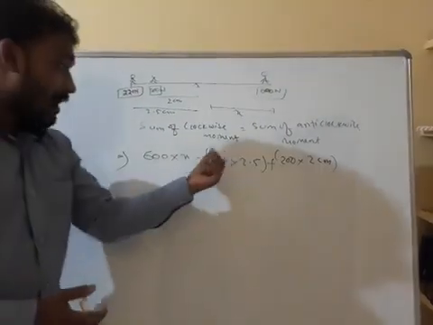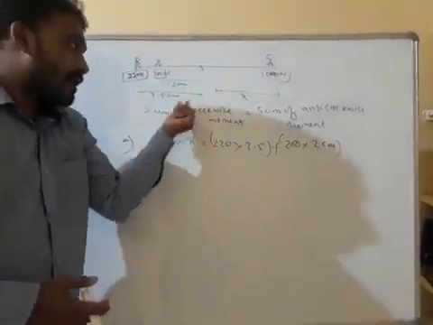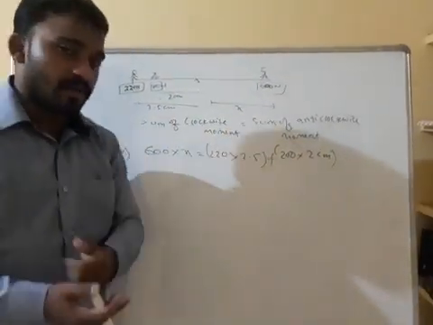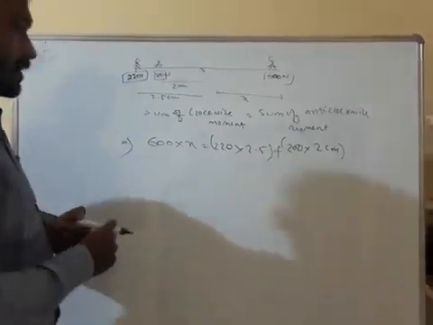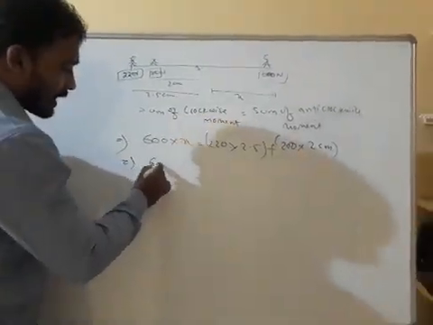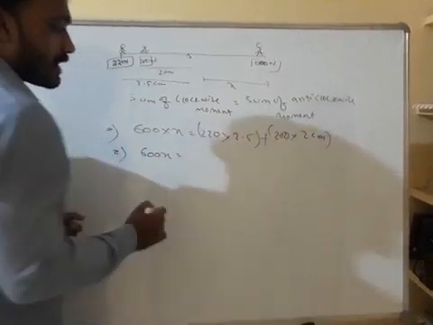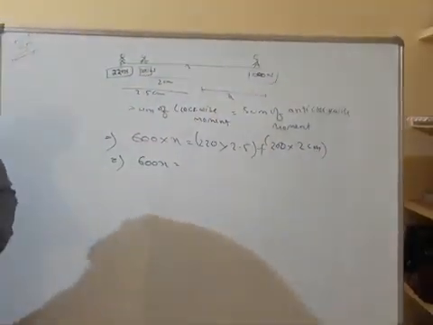Clear? Now x we want. Here you can convert into meter, or you cannot convert into meter. No problem. Clear or not? So 600 x is equal to 220 into 2.5, how much?